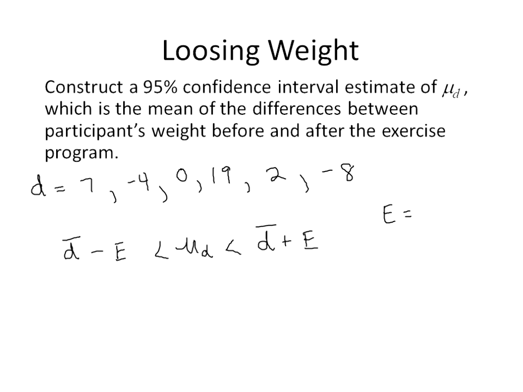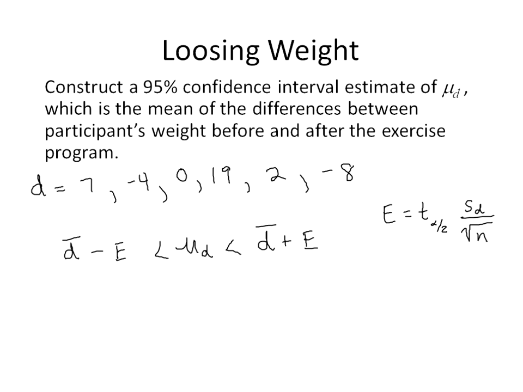Now the formula for the margin of error says that we take the t-critical value and then multiply it by the standard deviation and put that over the square root of n. And n in this case is 6. But for right now, I'm just writing down the formula, so I'm just going to go ahead and put n. There we go.